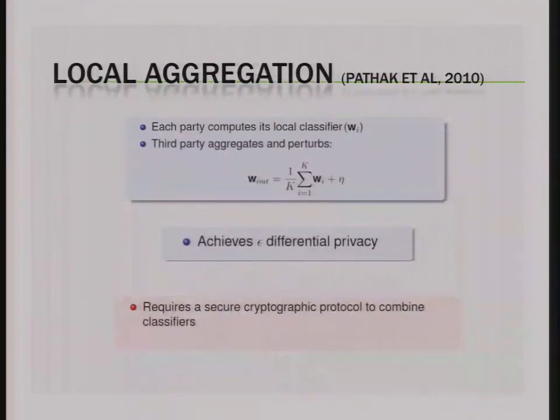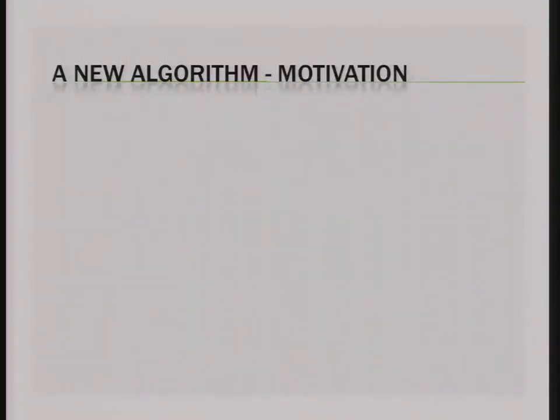So this seems very simple, but computing each individual classifier and then combining them seems limiting. If there were a method which could directly combine all the classifiers together while at the same time achieving privacy, then that probably could be better. This is the motivation for a new algorithm that we proposed in this paper. The function J of w, which is the regularized ERM objective I mentioned before, is separable among the k parties.